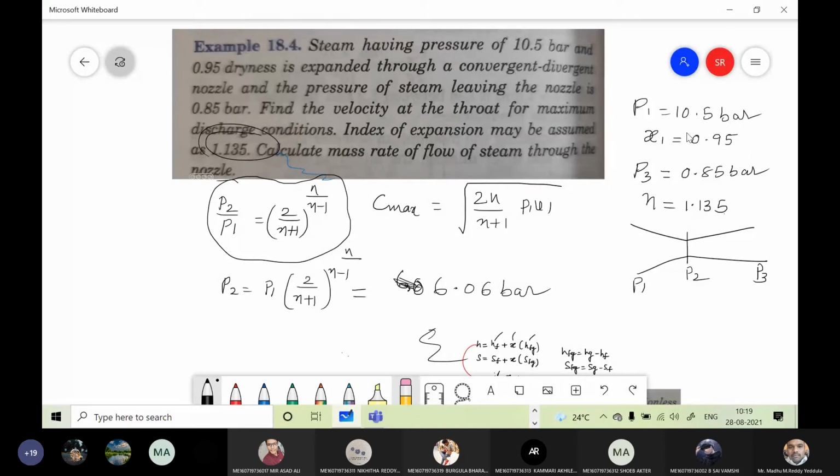But the dryness fraction 0.95 is given. Wait, the dryness fraction is 0.95. Tell me first the VG value corresponding to 10.5 bar pressure.